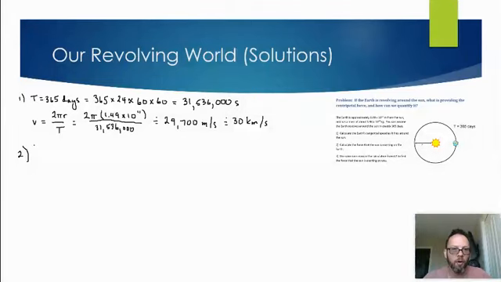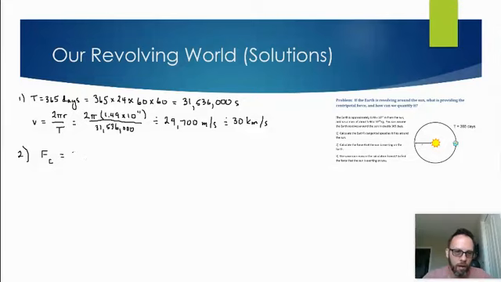The only force we're really considering here is the force of the sun on the Earth. We understand that all the other bodies in our solar system are exerting a force too, but I think we can neglect them in this case. Force equals mass times acceleration, and the object that's moving here is the Earth around the sun.